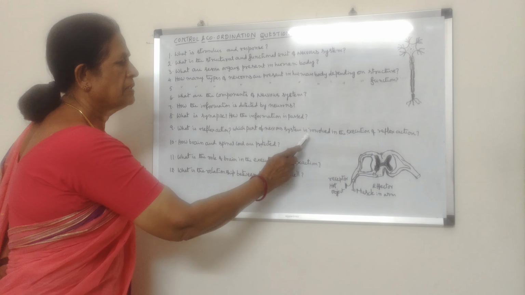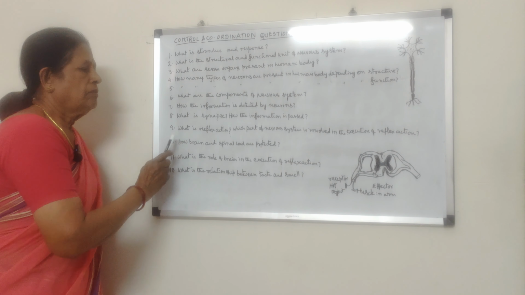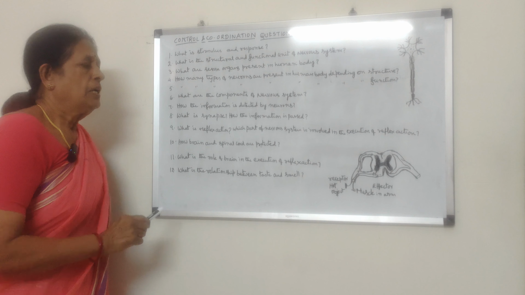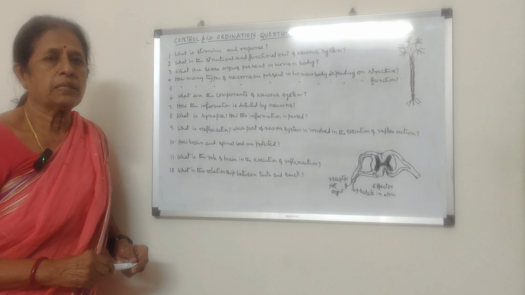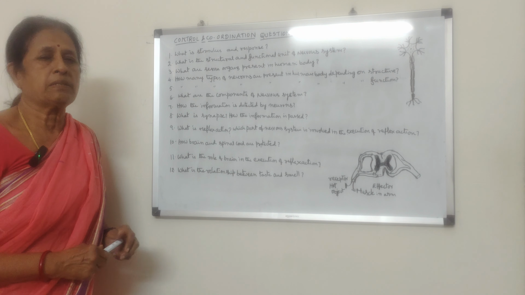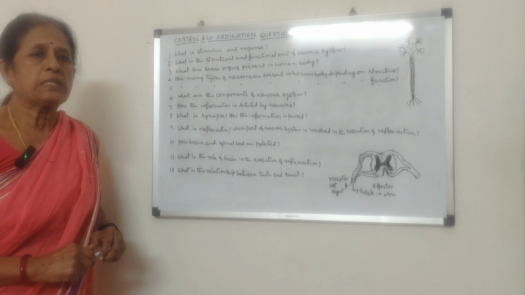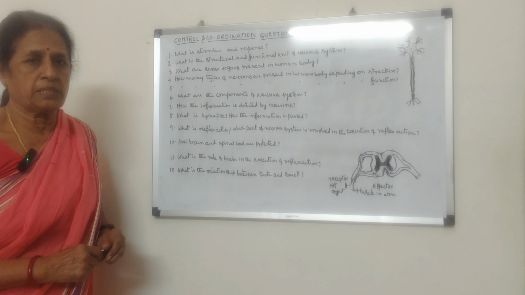Which part of the nervous system is involved in the execution of reflex action? How can we define reflex action? Reflex action is a sudden, involuntary, instantaneous or immediate action which saves us from external dangerous stimulus.